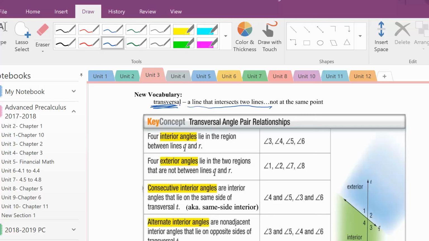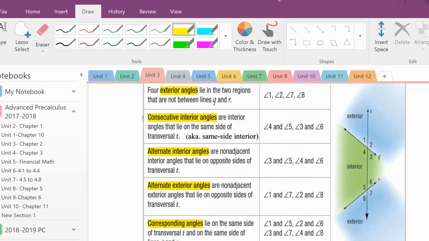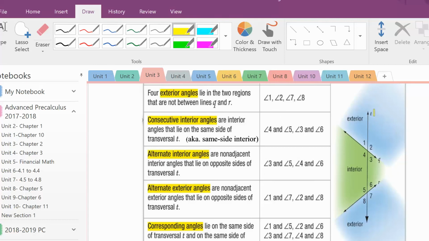So that's a new vocabulary word that you want to pay attention to, the word transversal. That's a line that intersects two lines, not at the same point. So notice here in this picture, line T is the transversal for Q and R because it intersects Q and it intersects R at two different points. So T is the transversal.